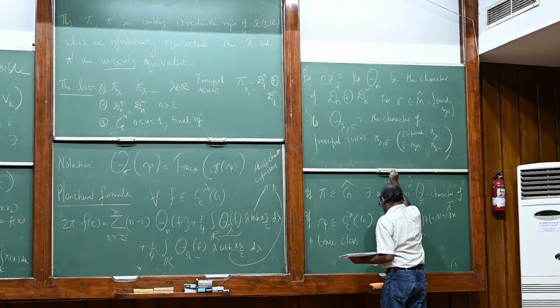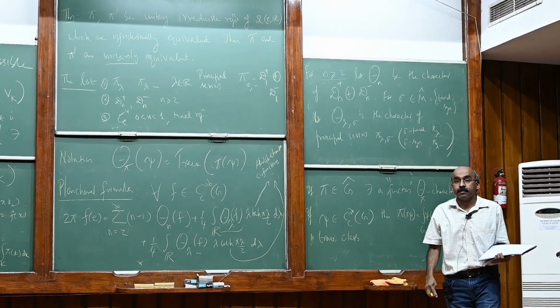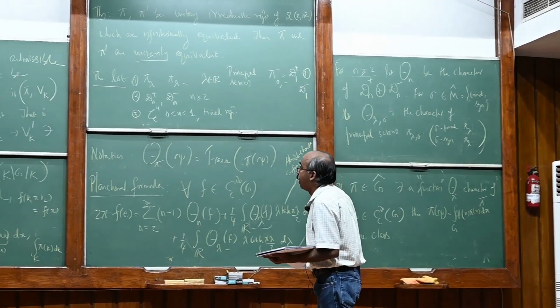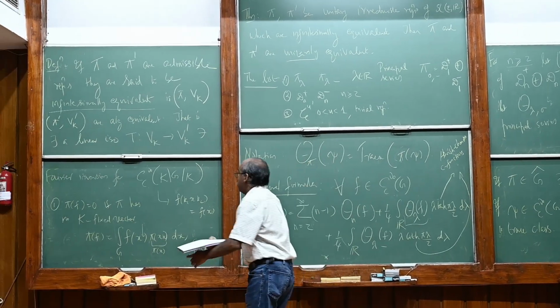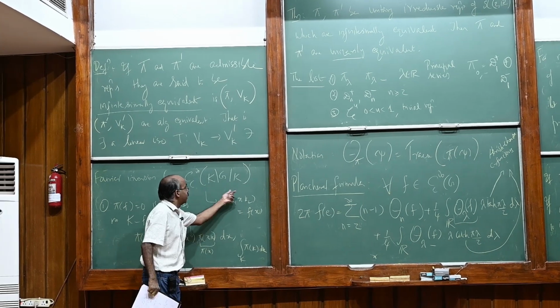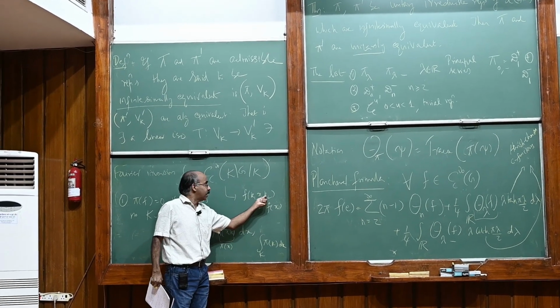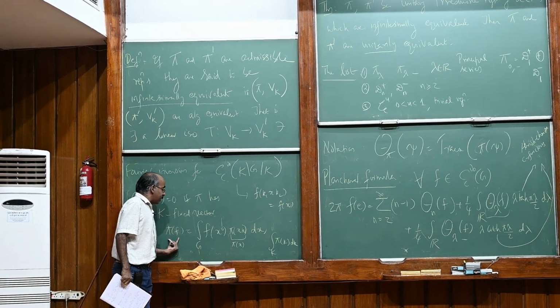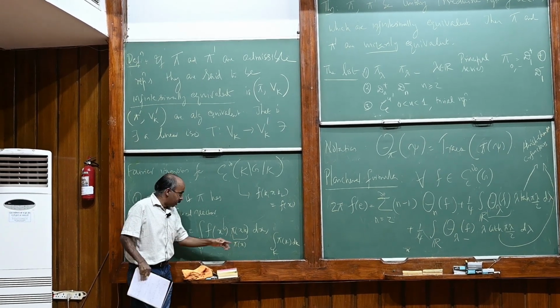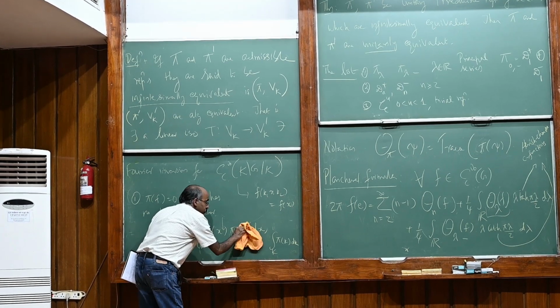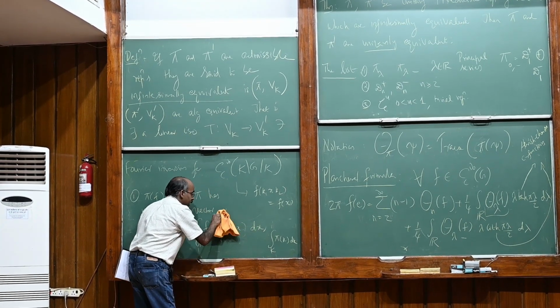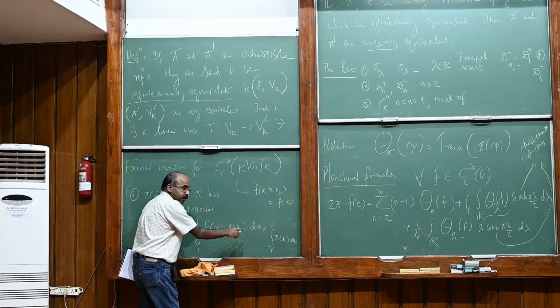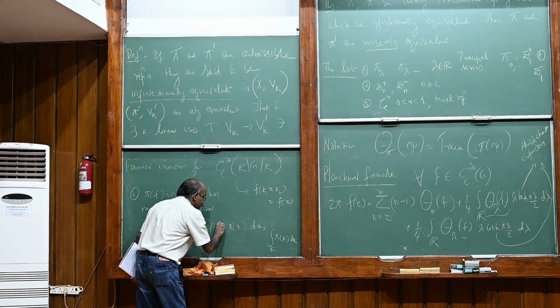Sir, can you please repeat that argument, why you should have a k-fixed vector? So f has the right k-invariant property. Whatever k I put, that disappears. So the operator pi f is the integral of f of x, pi x, dx. So I can put any k here I want, right?